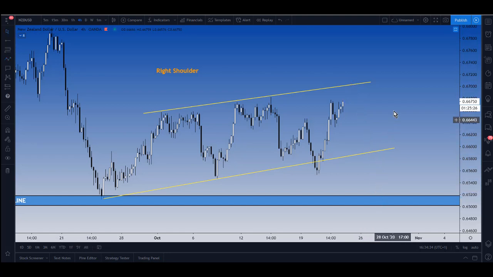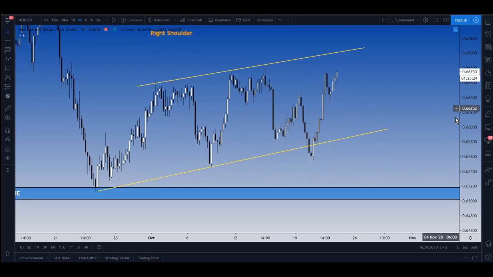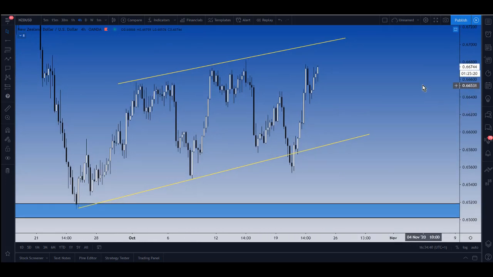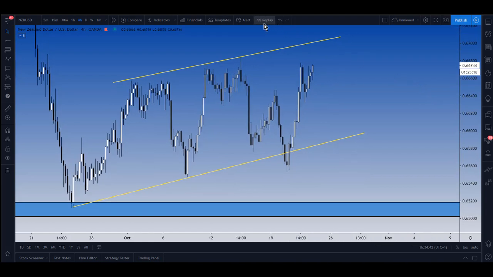But I just want to point something out on this particular pair. Within this channel on the hourly time frame, you'll notice that when we come to the top of the channel, we get this consolidation of price. There's not a lot of movement in a particular direction.